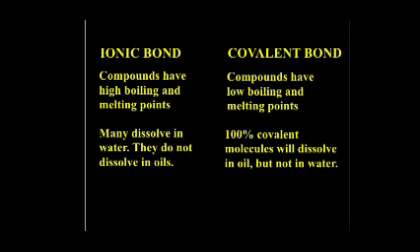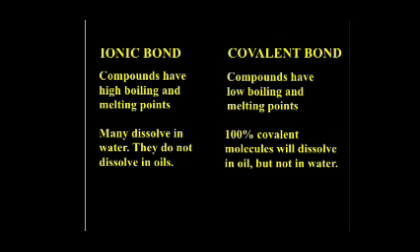What is an ionic compound? Ionic compounds are formed by transfer of electrons. Covalent compounds are formed by sharing of electrons. Ionic compounds consist of ions. Covalent compounds consist of molecules. Ionic compounds are available in crystalline solid state.